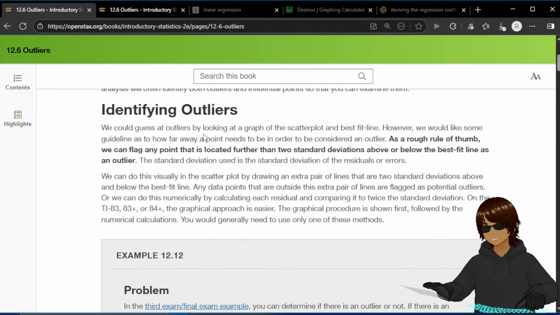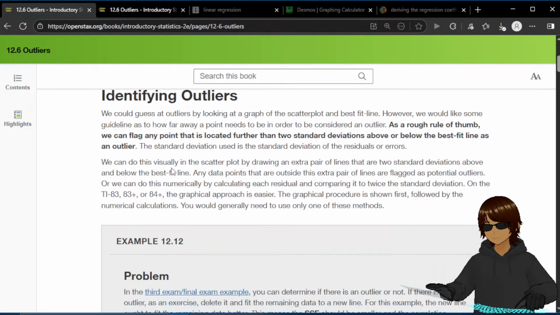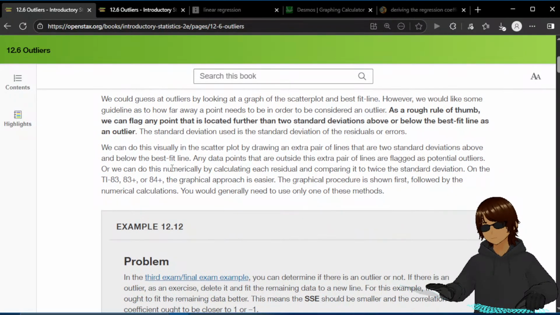We could guess at outliers by looking at a graph of a scatter plot and the best fit line. However, we would like some guidelines as to how far away a point needs to be in order to be considered an outlier. As a rough rule of thumb, we can flag any point that is located further than two standard deviations above or below the best fit line as an outlier. You can do this visually in the scatter plot by drawing an extra pair of lines two standard deviations above and below the best fit line.